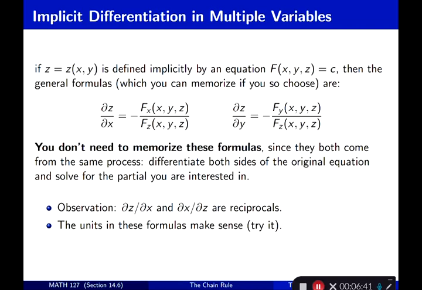When I memorize this, I go, oh, that's a z over there and z over here, x over here, x over there. So it's kind of diagonally going, and there's a negative sign in there.